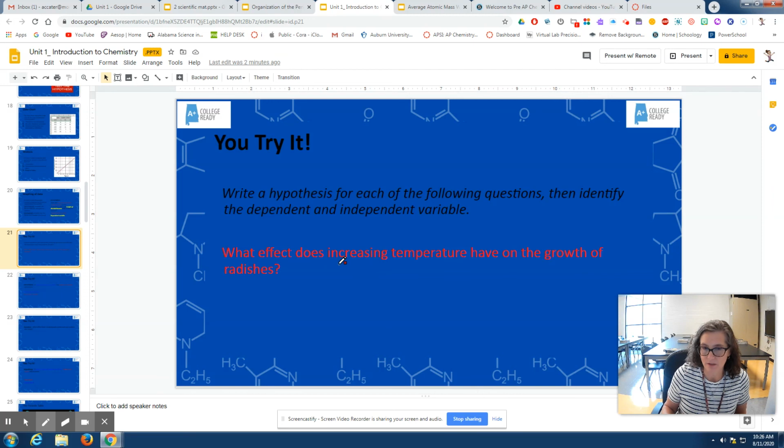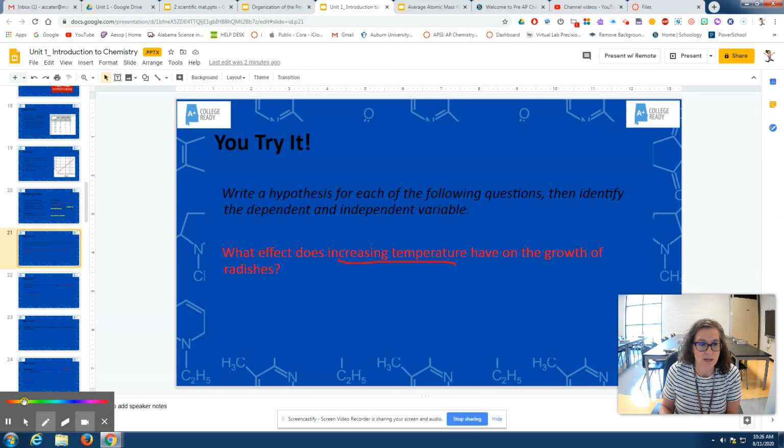So out of this, the thing that we are going to control is the temperature. So increasing the temperature is our independent variable. The thing that will change as a result of that is going to be our dependent variable, which will be the growth of the radishes.